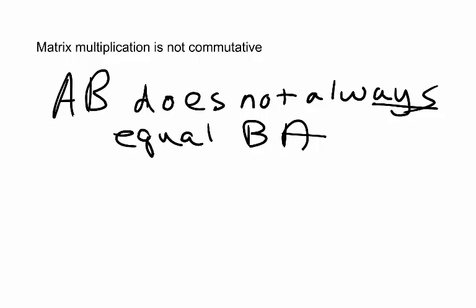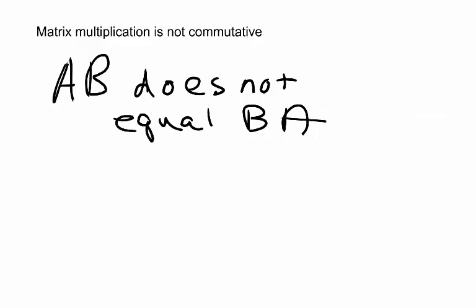In fact, I'd like to amend this last statement. Matrix AB does not always equal matrix BA, where we have the product of matrices A and B, or B and A. In fact, matrices A times B will rarely equal B times A, even if both matrices are defined.